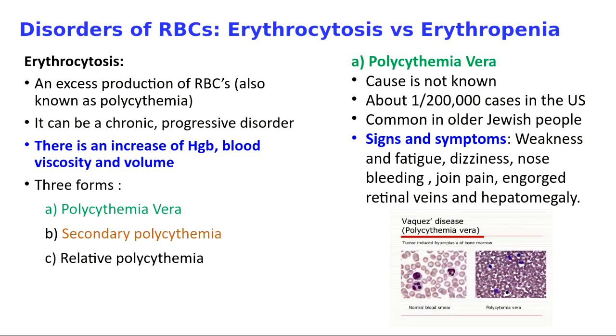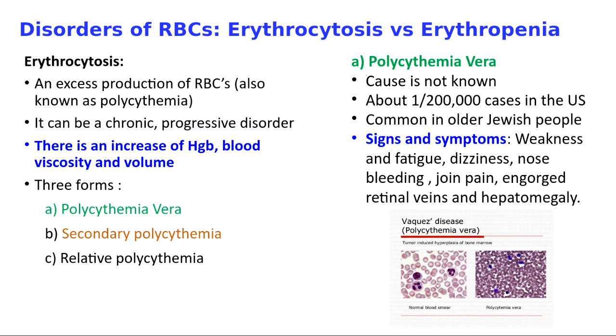So for disorders of red blood cells, we are going to be concerned with erythrocytosis, an increased number of red blood cells, and erythropenia or erythrocytopenia. The most common problem that we're going to be concerned with is erythrocytopenia. Erythrocytosis is an excess production of red blood cells, and it is also known as polycythemia.